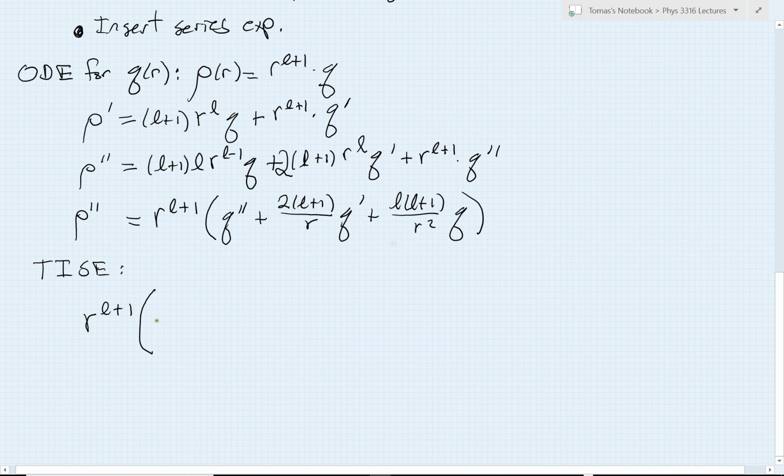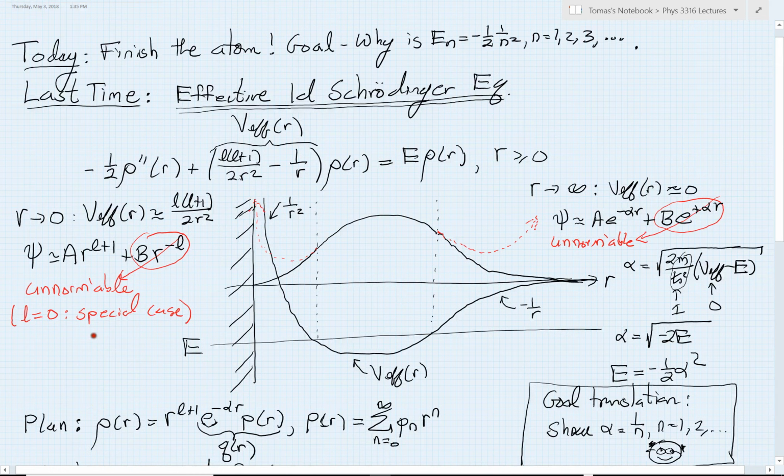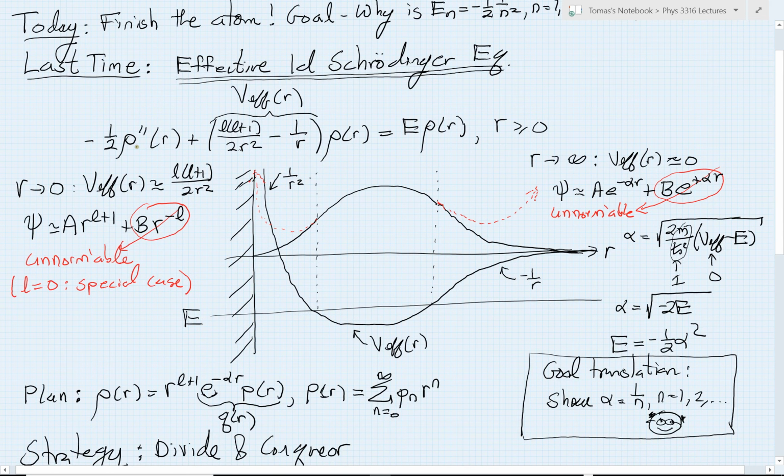So that will give me minus 1/2 Q double prime. This term, the 1/2 will kill the 2. I still have the minus, so minus L plus 1 over R, which is multiplying Q prime. I then have minus 1/2 L times L plus 1 over R squared, multiplying Q. So that's my first term in this Schrodinger equation, right? My minus 1/2 rho double prime.